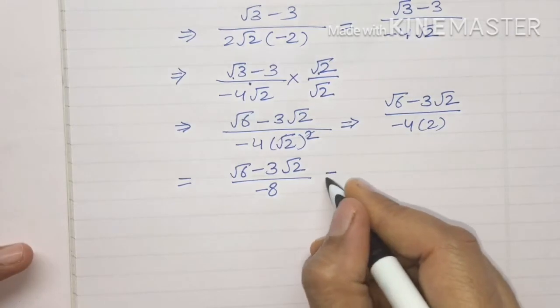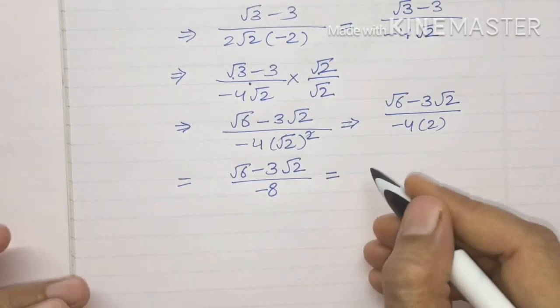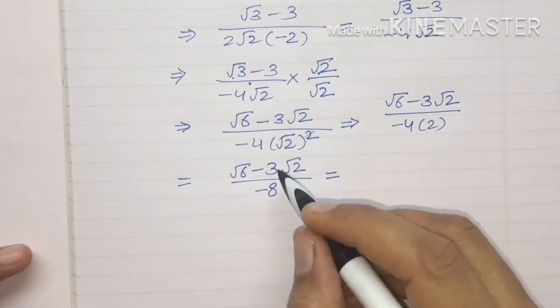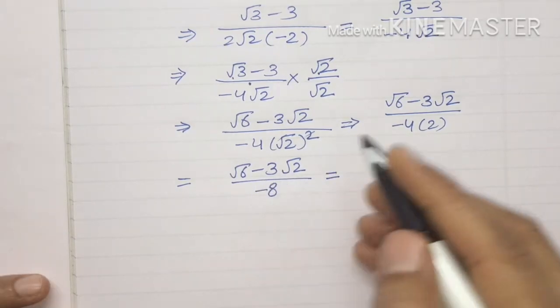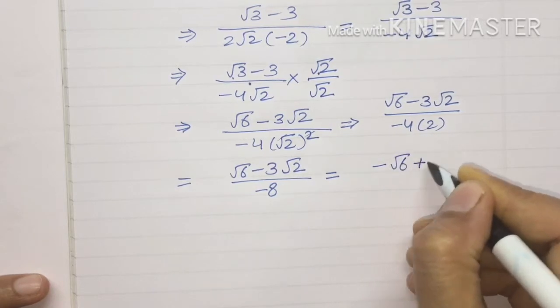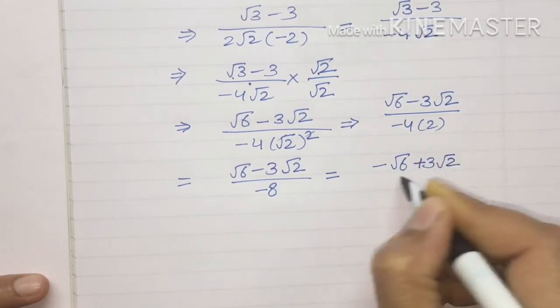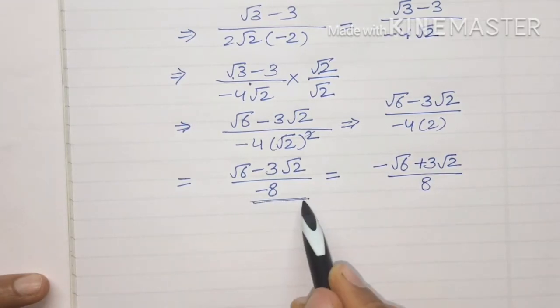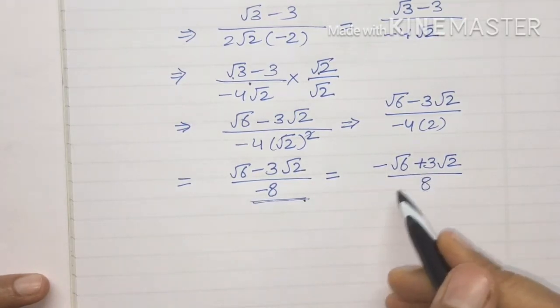If you want to change the sign in the denominator, we can take minus common from the numerator, so the sign will change in the numerator. So it will be minus root 6 plus 3 root 2 upon 8. You can leave your sum at this point, or you can change it to this form also.